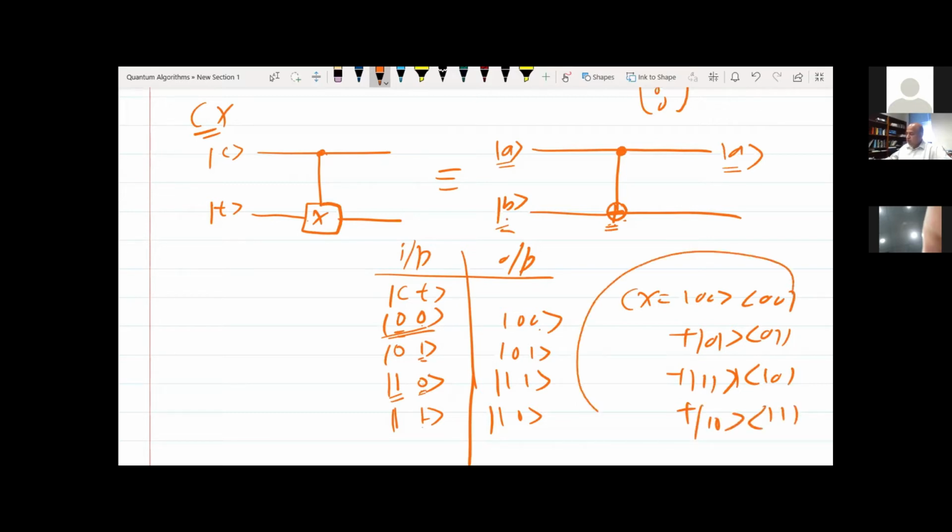So we can prepare its operator form like this. So this is how we work out the applications of these 2 qubit gates.